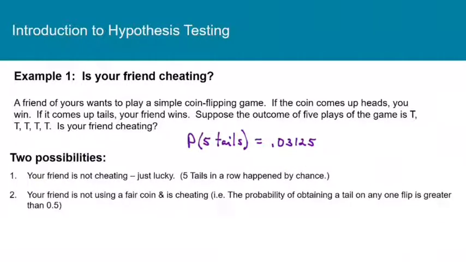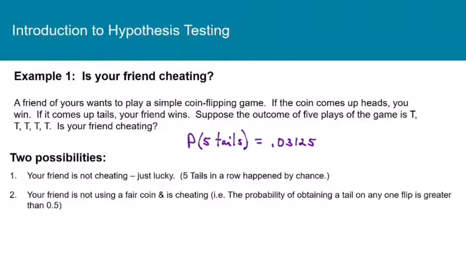But suppose for a second that you believe this friend is so trustworthy that there's only a 1 in 1,000 chance that he would cheat you. If you think that the probability that your friend is cheating is only 0.001, then that probability is much smaller than the probability of getting 5 tails in a row, so you would stick with the idea that your friend has been lucky so far and he got 5 tails in a row by chance.